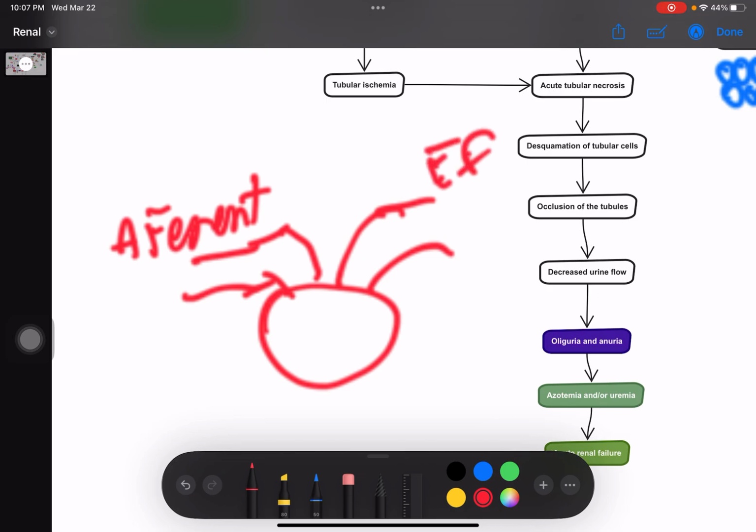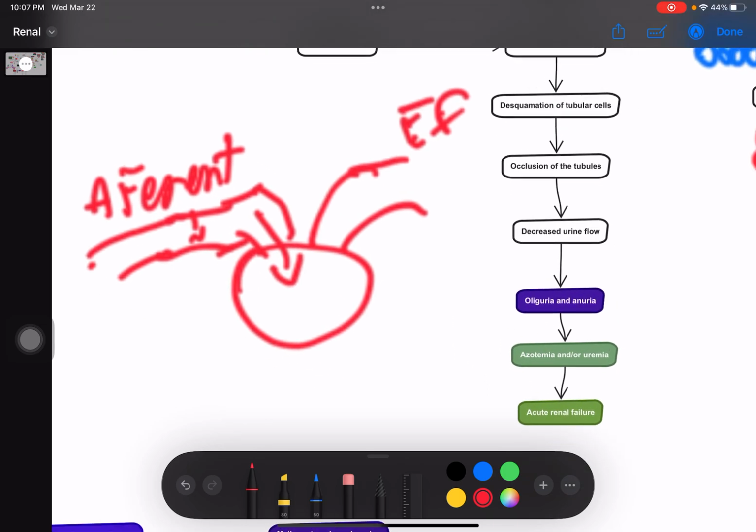So if there's a stenosis, thrombosis, or just simply hypovolemia, a little amount of blood is going to get filtered in the glomerulus, right?